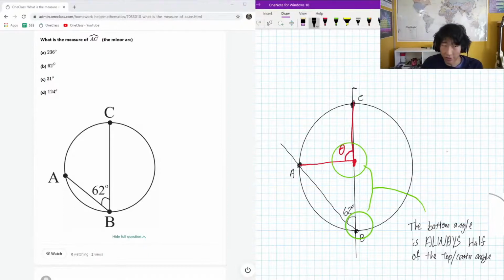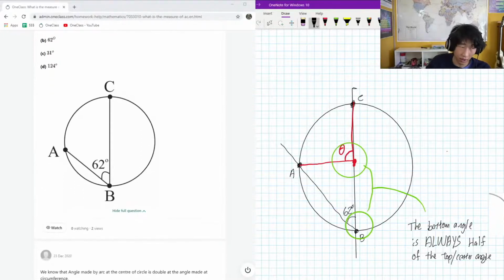Okay, and that is a fundamental mathematical law about lines intersecting circles and the angles that they make.